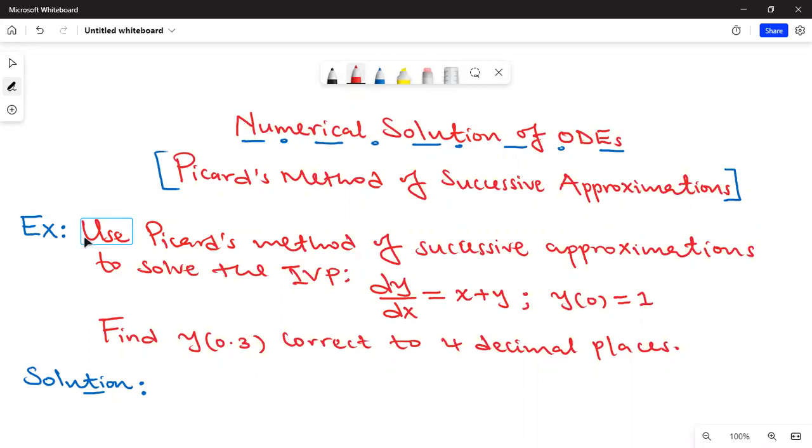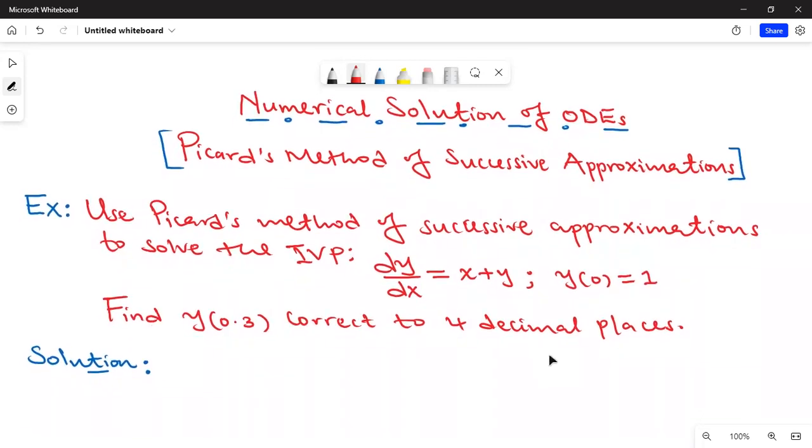We are asked to use Picard's method of successive approximations to solve the initial value problem given by dy over dx is equals to x plus y, subject to the condition that y of 0 is equals to 1. We need to find y of 0.3 correct to 4 decimal places.